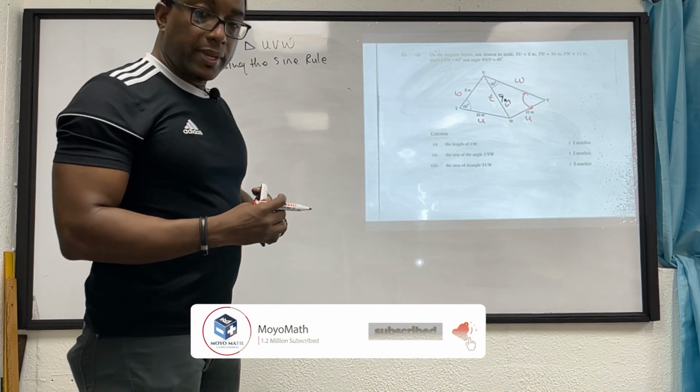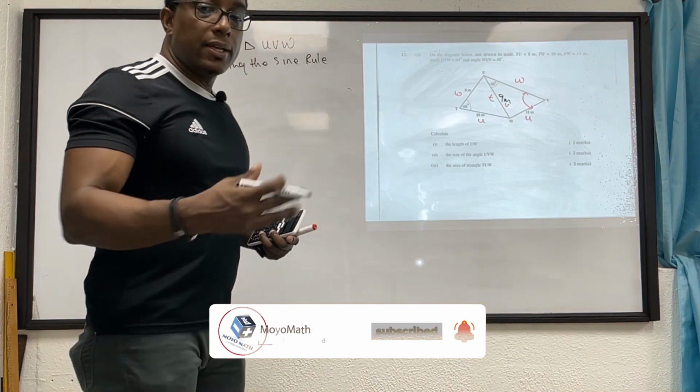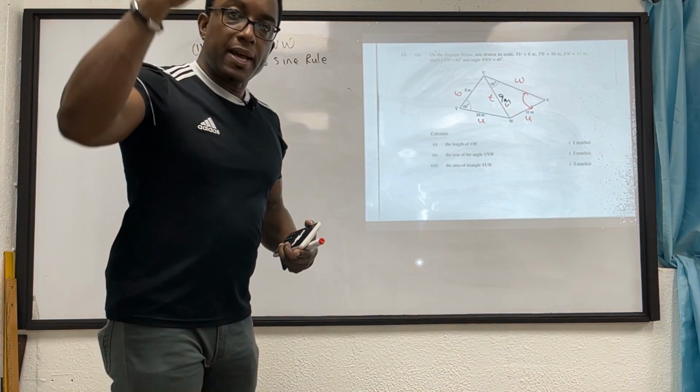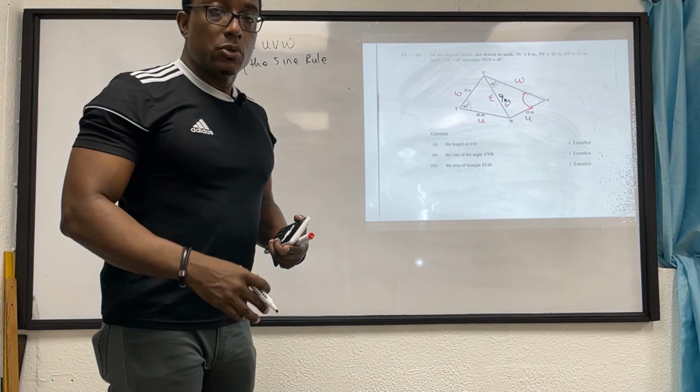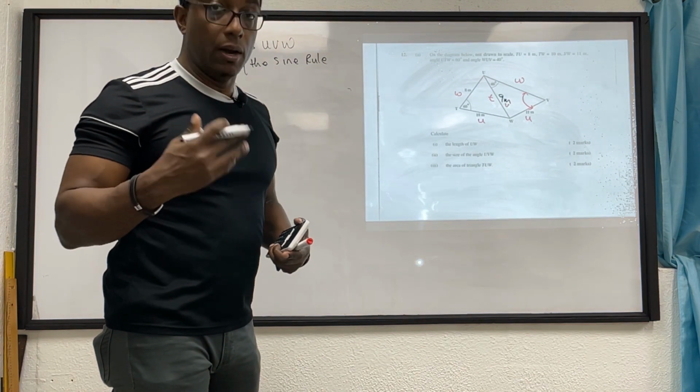To create our equation for the sine rule, I like to begin by keeping in mind that the sine rule is about ratios. So my first ratio will always have the unknown.